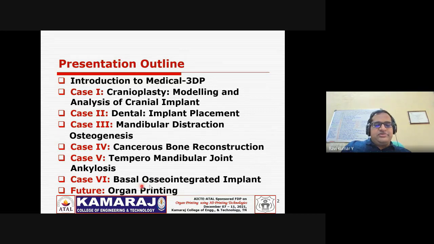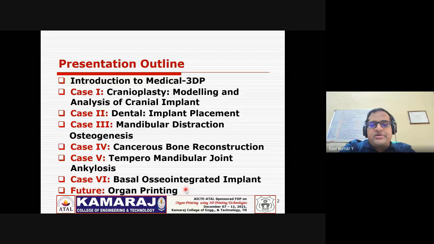And lastly, of course, organ printing. So I am not an expert in organ printing, but definitely it leads to organ printing. And we'll see the state of the art of organ printing by using 3D printing.